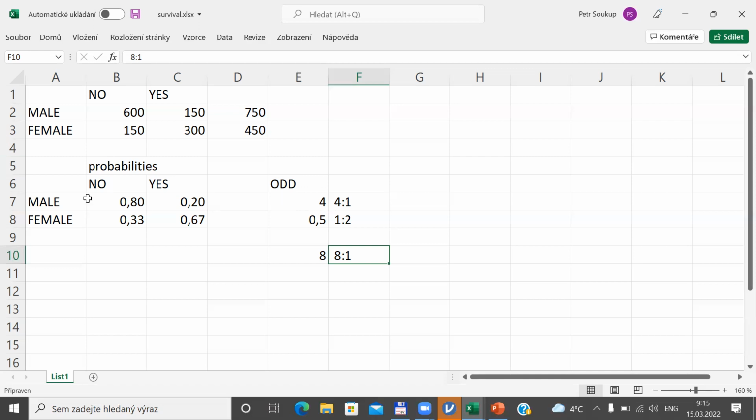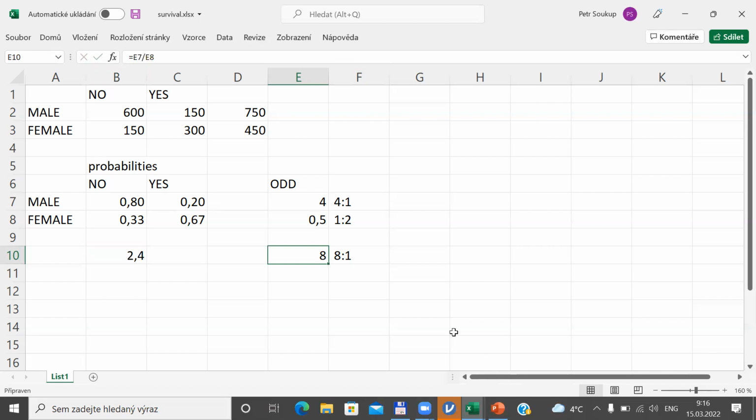Let's try to compare probabilities: 0.8 and 0.33. It's not 8 times bigger. If I compute the ratio of these probabilities, there is no formal definition for this ratio, but I will compute it for you. It is 2.4. So the ratio of probabilities is 2.4, but currently we are computing the odds ratio, which is not a ratio of probabilities, but a ratio of odds.